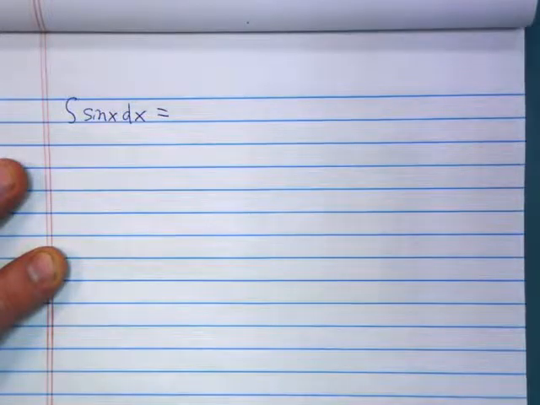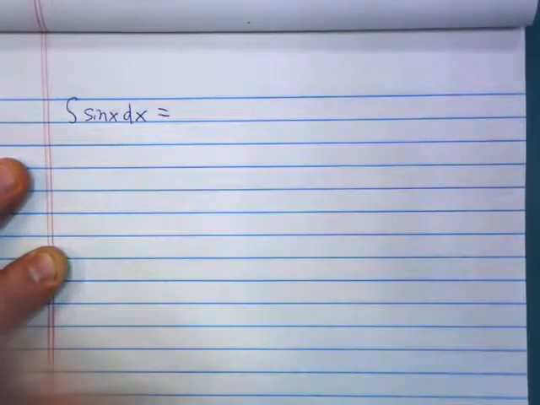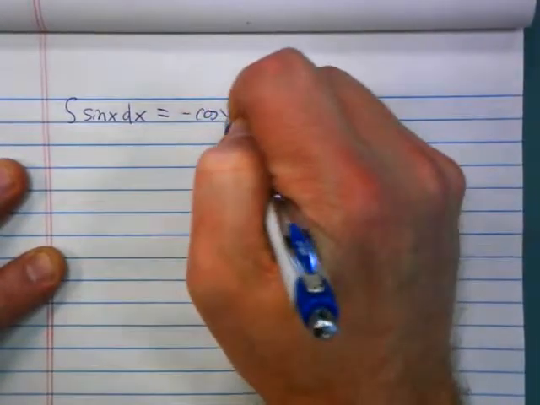Oh, it's negative cosine. Because cosine is negative sine. So it's negative cosine. What's the derivative of sine? Cosine. The derivative of sine is positive cosine, so the antiderivative of sine is negative cosine. You have to keep your minus sign straight there.